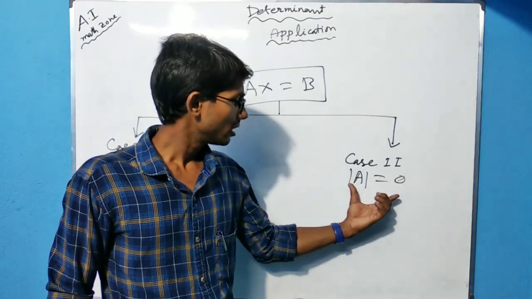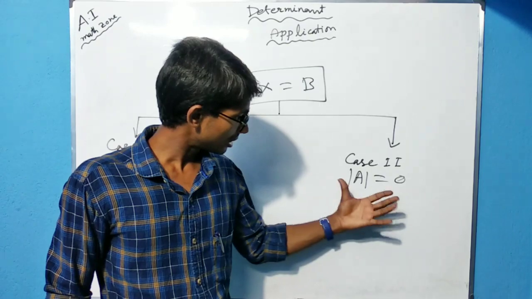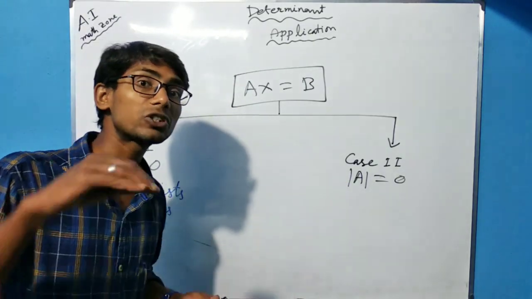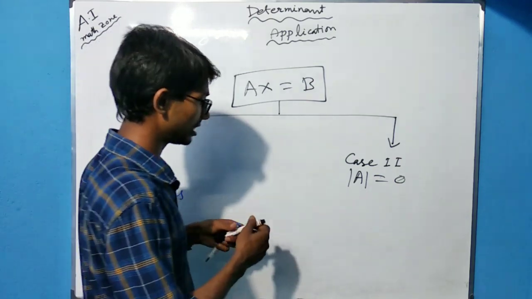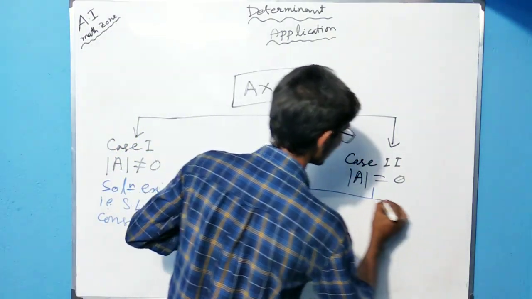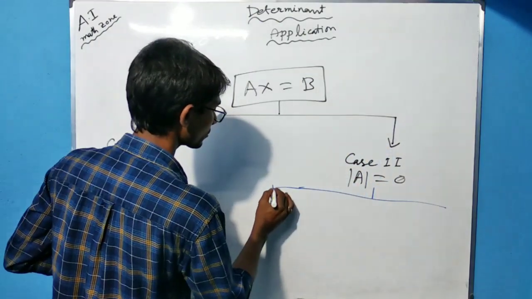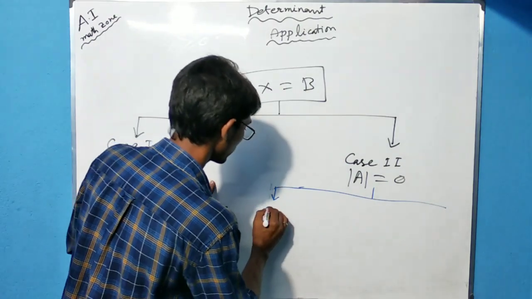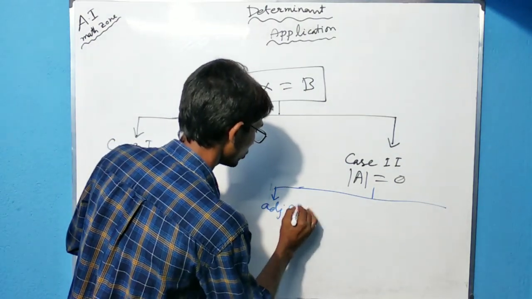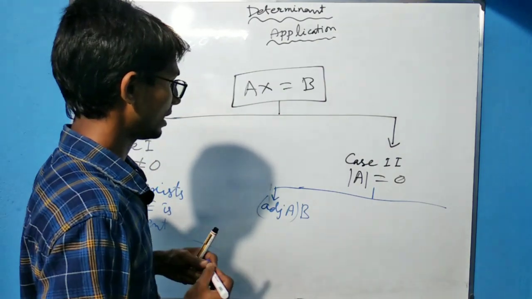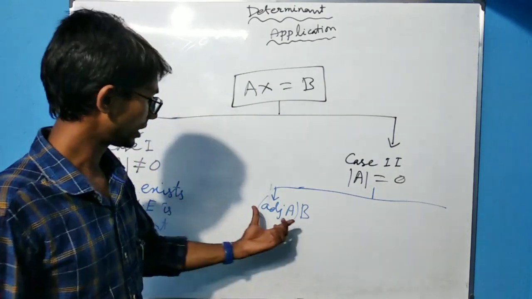Because when determinant of A is 0, then you have to check another condition. Then you have to check adjoint of A into B. Adjoint of A into B. Right? So you have to check this one.